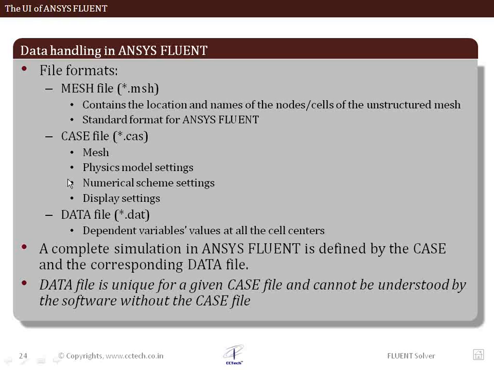And once the whole setting is simulated and we generate data at each and every cell point, that data is written in a data file. This data file is usually an outcome when we write the data file. Otherwise, Fluent stores it in the random access memory of the computer. So once we write it, we have a data file which we can read also later on.